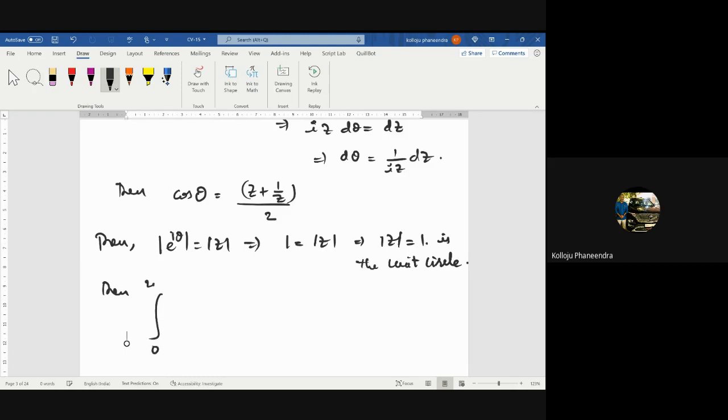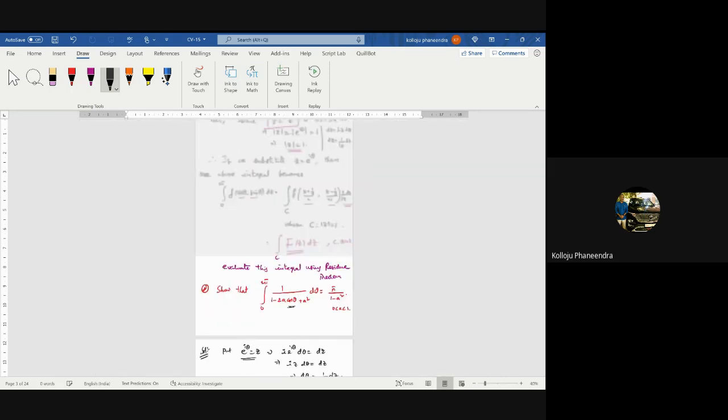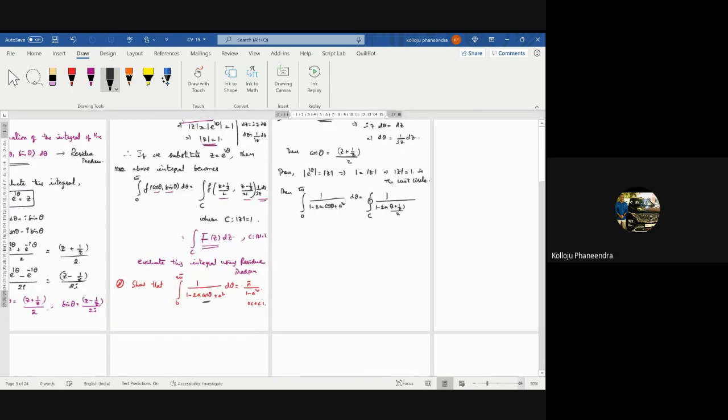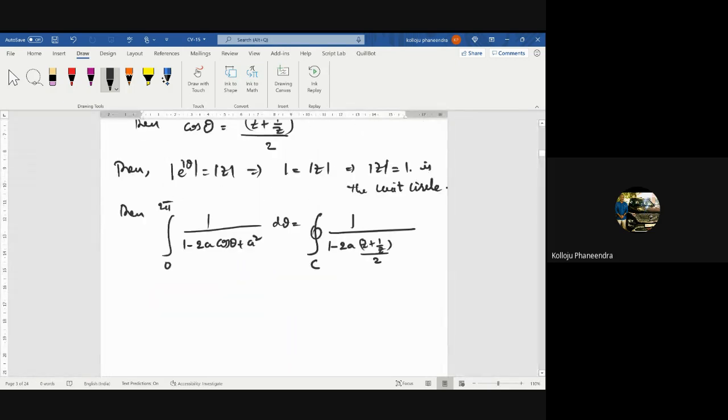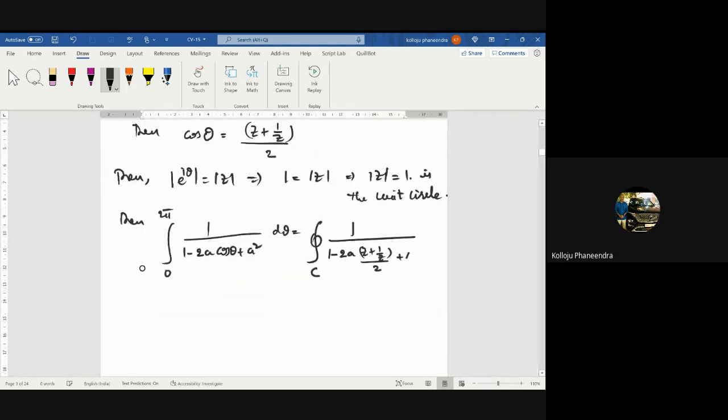Then the integral from 0 to 2 pi of 1 by 1 minus 2a cosine theta plus a square d theta transforms to an integral over c of 1 by 1 minus 2a times z plus 1 by z by 2, plus a square.